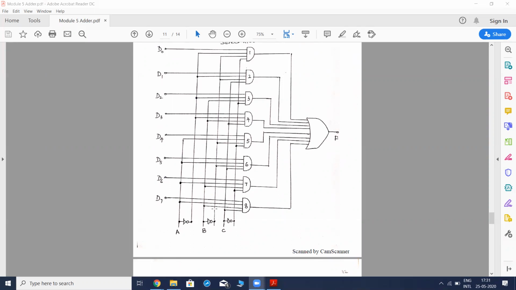This particular line is B complement, and it goes to the first AND gate. Here is C complement, and that C complement goes to the first AND gate. This is how the rest of the connections are made for all the AND gates, and the outputs of the AND gates go to the OR gate and we'll get the function.